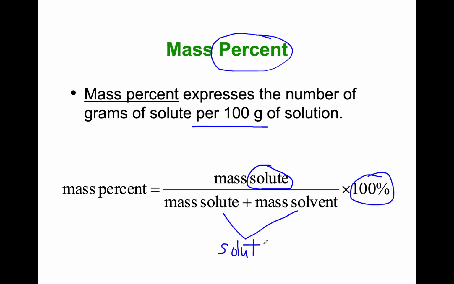Those are terms. Like I said, if you don't have the concept down, you don't have the definitions down, there's no way you can calculate mass percent because you don't know what the solute is. You don't know what the solution is. So mass of solute over mass of solution times 100 gives you the mass percent.